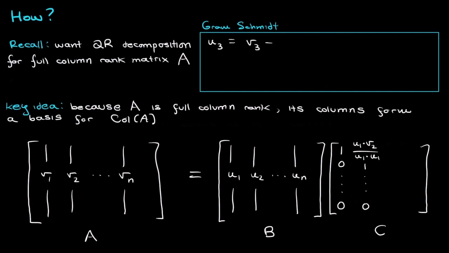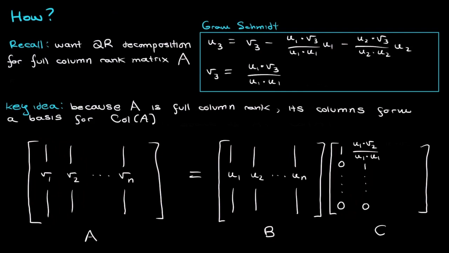Moving right along, I'm going to write out our Gram-Schmidt formula when k equals 3. And then as before, I'm also going to write this formula, but solving for the variable v3.